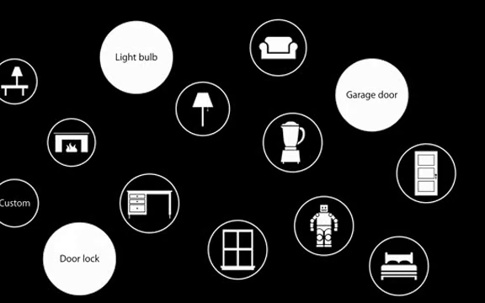I've already heard about dozens of interesting things that are well beyond what we're starting with. So you can see here, garage door, light bulb, door lock. These are things that are common accessories that we have defined in HomeKit, and I'll talk some more about that as well. But anything else is possible.